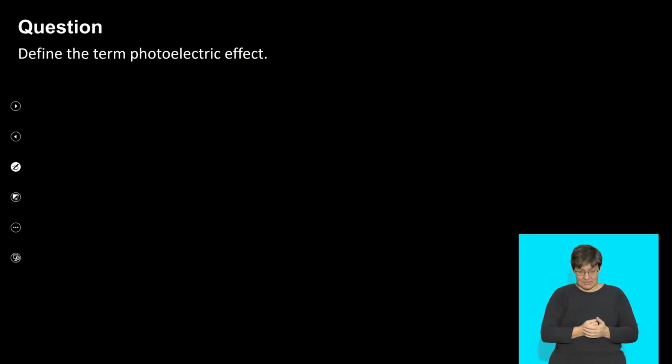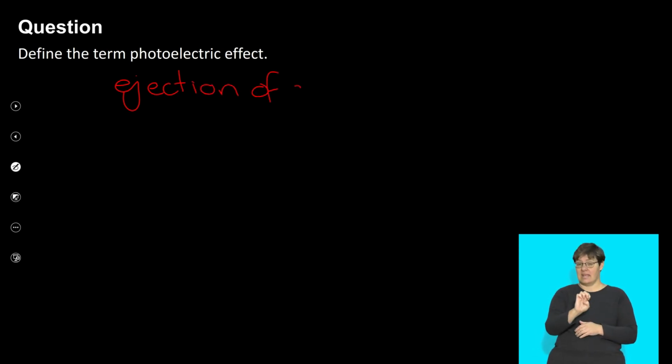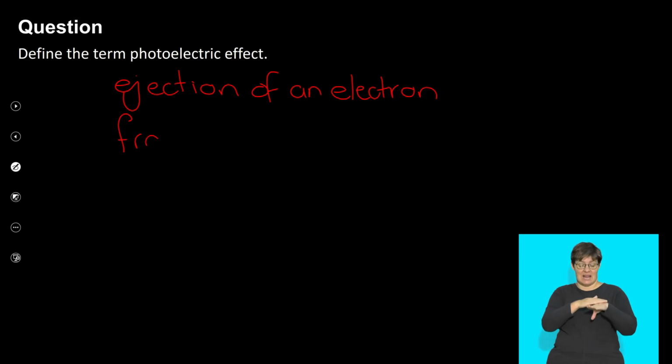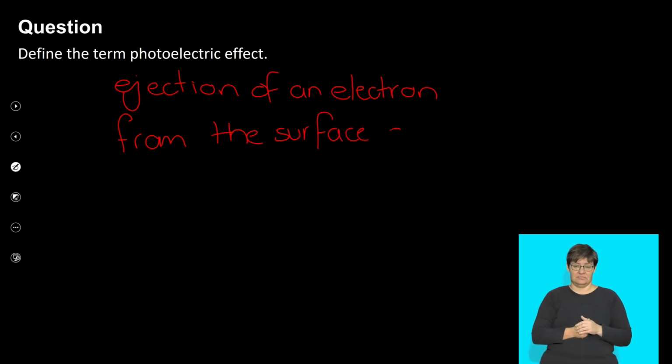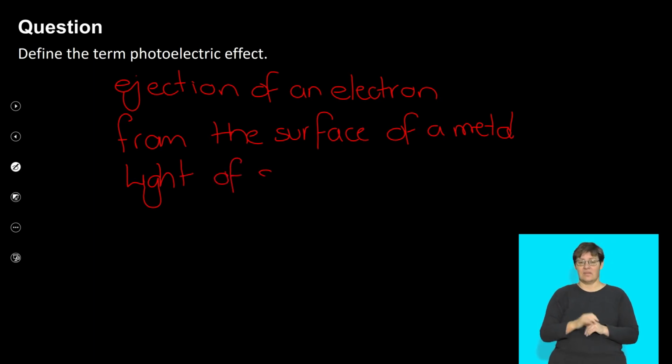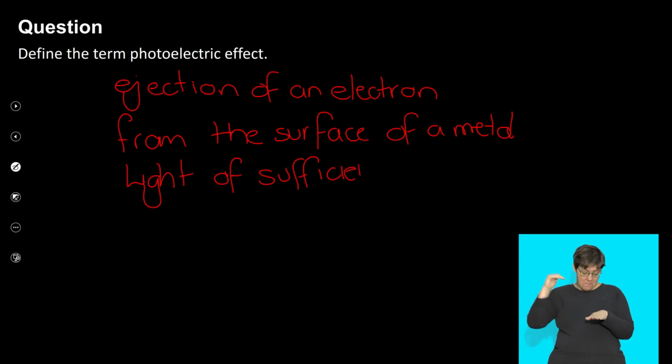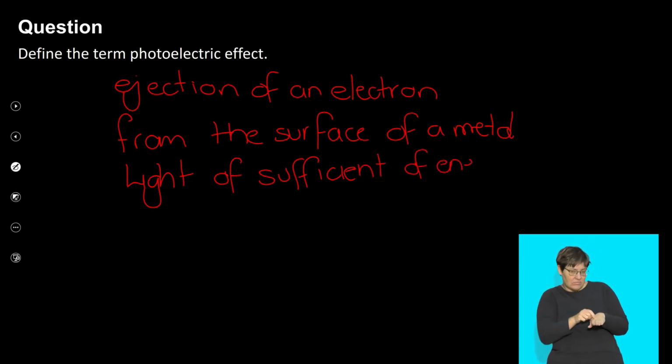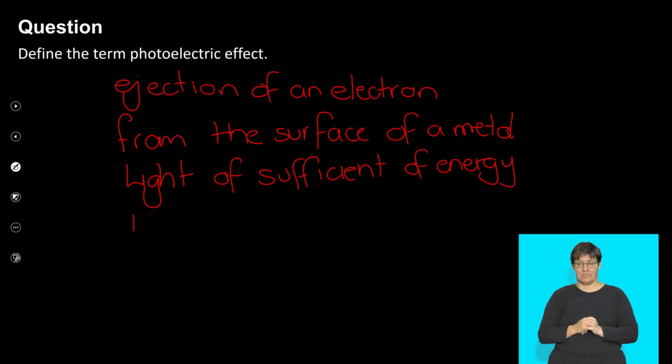Okay, so what am I looking for? It's the ejection of an electron, first of all, from, in fact, I am ending up writing it out, but that's okay, the surface of a metal when light of sufficient energy is incident on the metal.